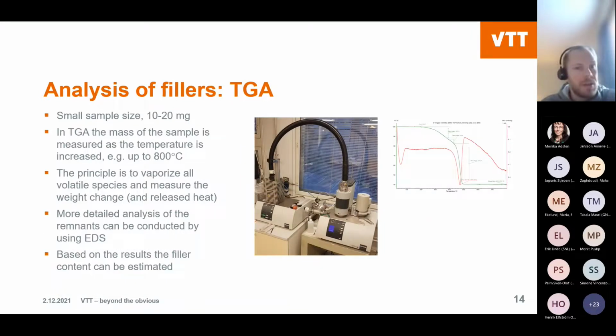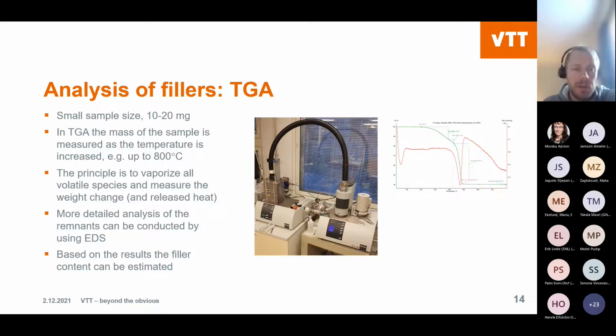Then the filler analysis. This is also a good method since it requires only a small amount of sample. Here we measure the mass of the sample as the sample is heated up. We have used 800 Celsius, but we can go even higher.